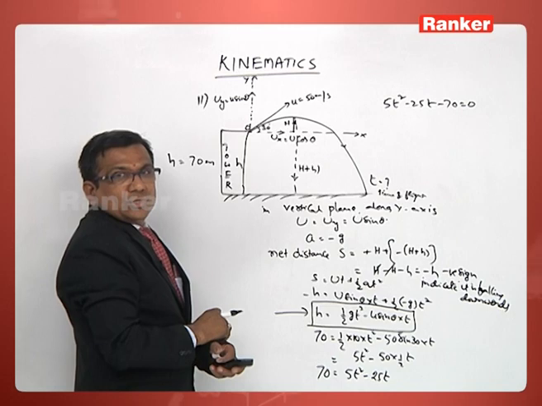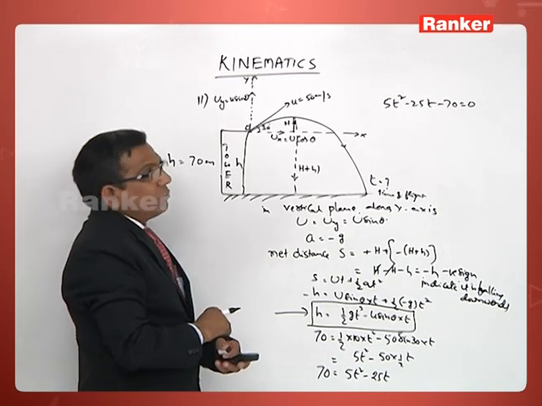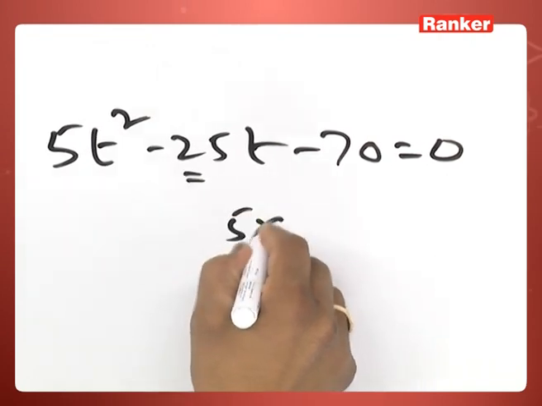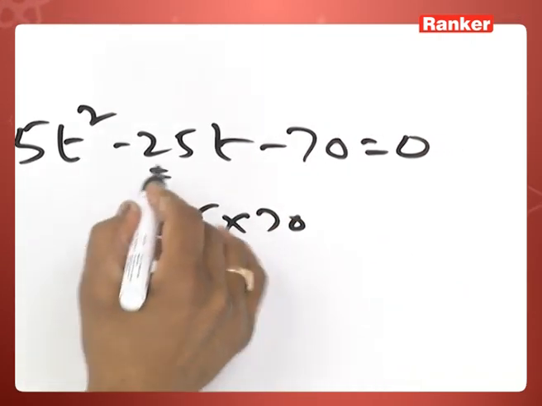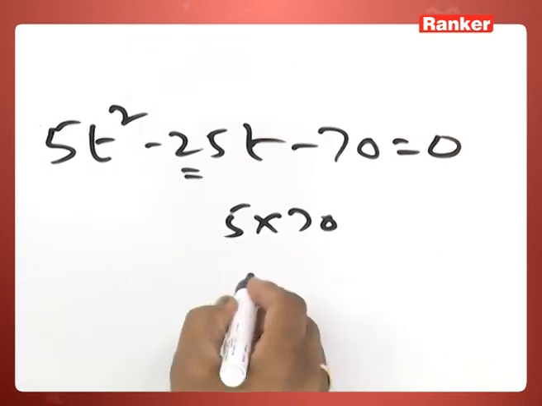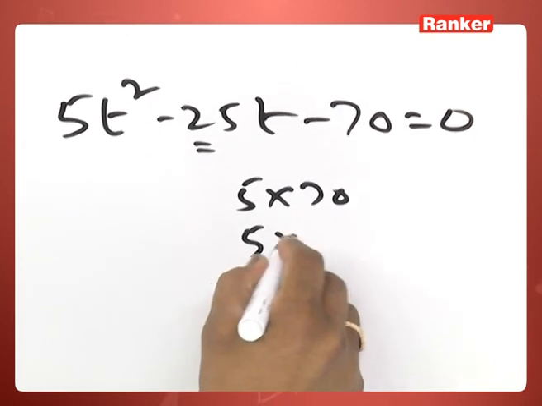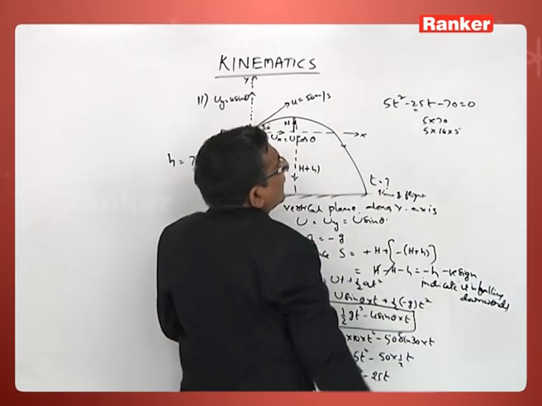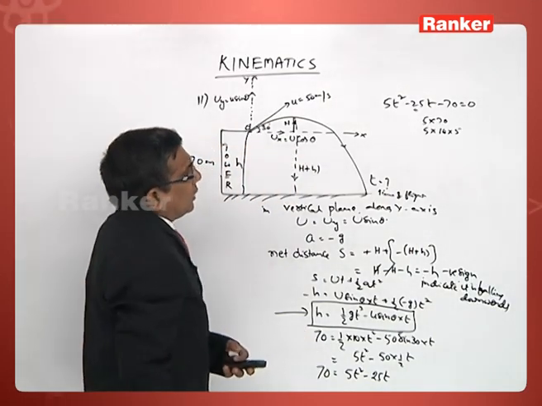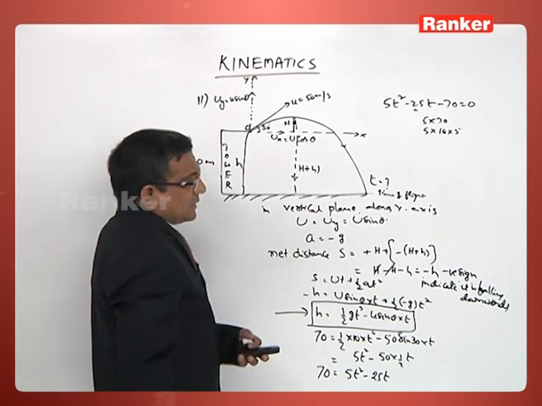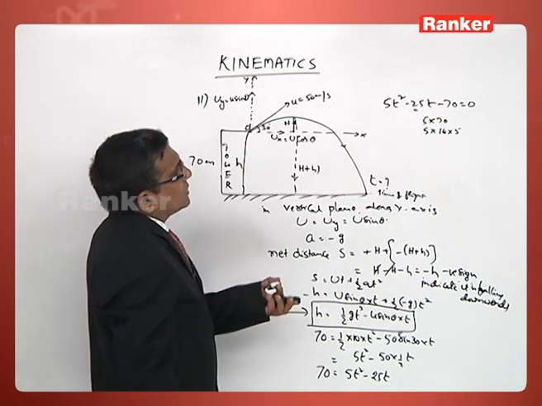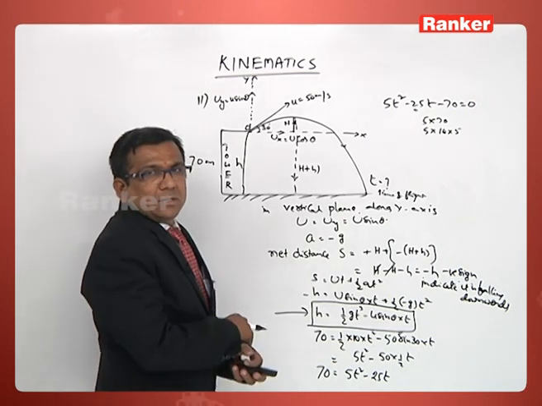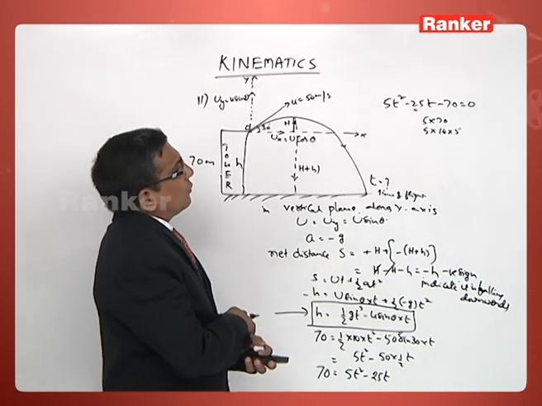How do you write the roots? 5 into 70, you can write 14 into 5, but then 25 you are not getting. So what are the roots of this? Otherwise, minus b plus or minus root of b square minus 4ac over 2a, you have to take and solve. Then you will get the answer as 7 seconds.